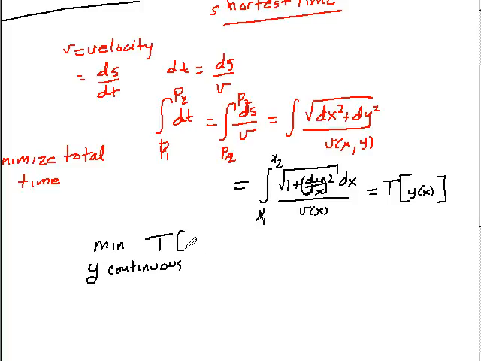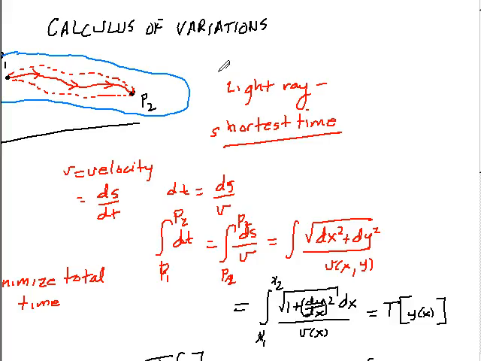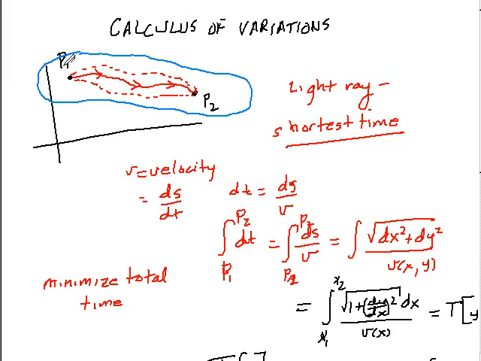Okay, so this problem is what generates calculus of variations. Historically, they came from a physical problem, say the path that a light ray would take in a medium with variable refraction index, and you're trying to minimize this quantity.